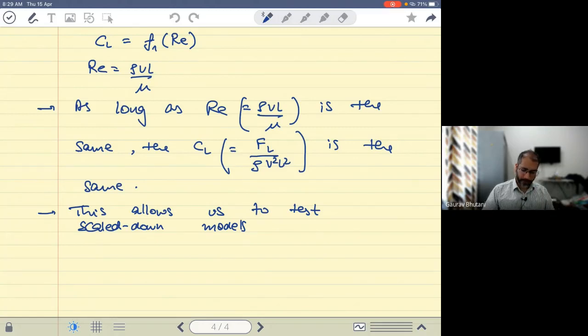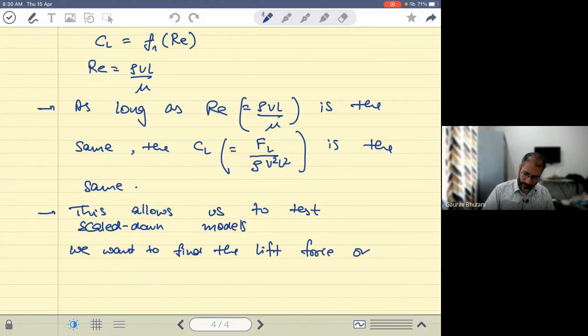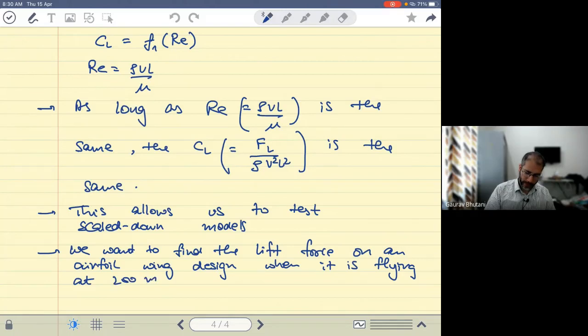So let's say that we have a wing. We want to find the lift force in an aerofoil wing design when it is flying at 200 meters per second.